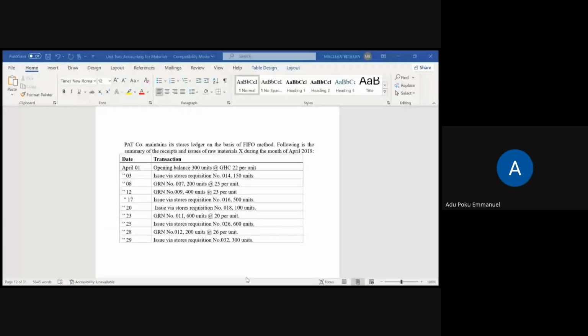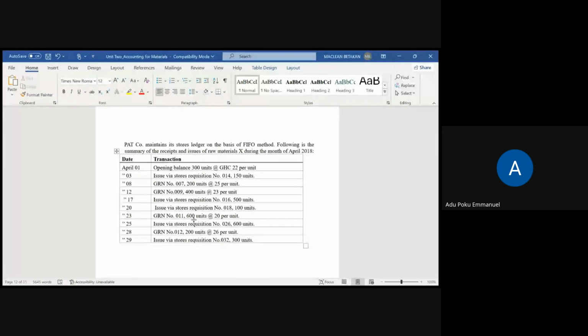Partco maintains its store ledger on the basis of the FIFO method. Following is the summary of the receipts and issues of raw material during the month of April 2018.